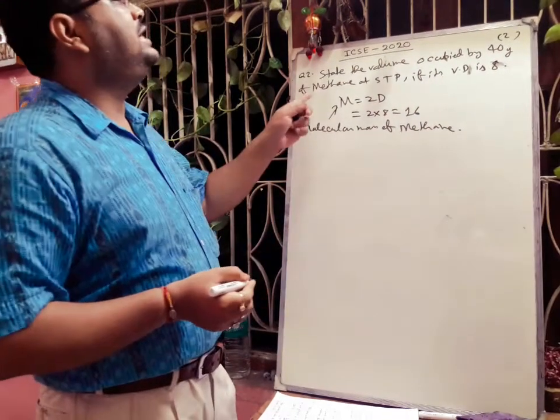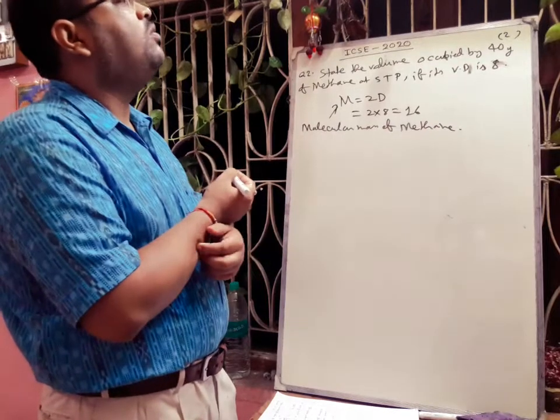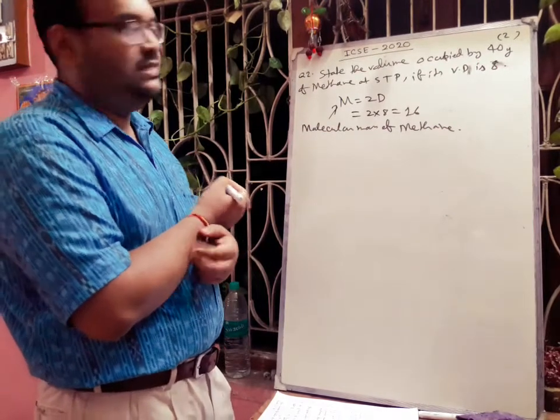Next, state the volume occupied by 40 gram of methane at STP.